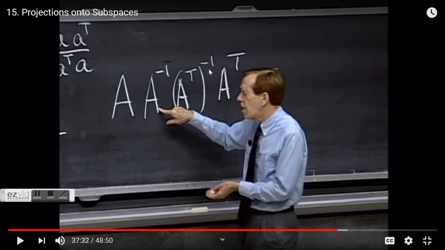This can only happen if A is a square matrix. When A is a square matrix, A has an inverse, so A times A inverse becomes the identity matrix. And A transpose inverse times A transpose also becomes an identity matrix. So the whole projection matrix becomes identity.